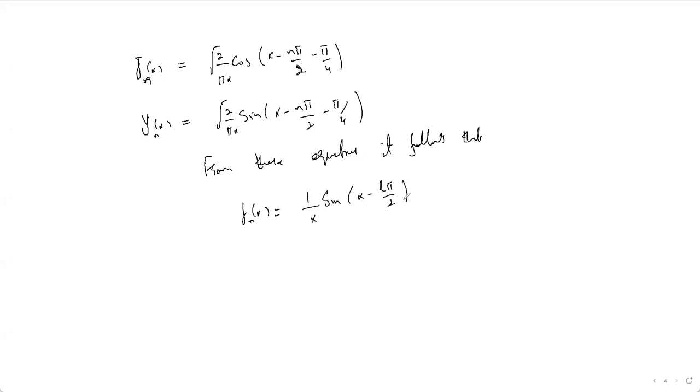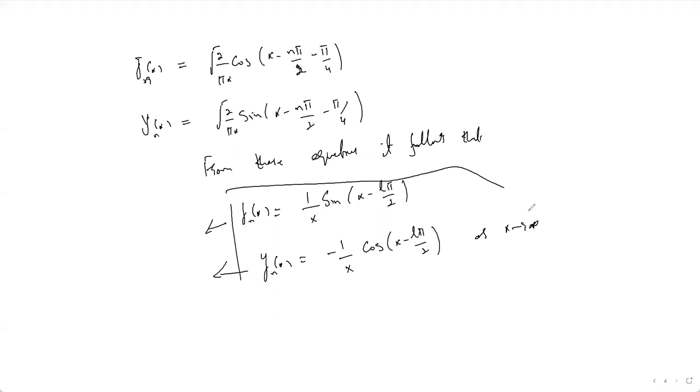So it will take different values of l, and this yn of x in a spherical Bessel function is always given by minus 1 by x cos of x minus l pi by 2. So as x tends to infinity, this yn of x will be infinite at x equal to 0, but this jn of x will be finite at x equal to 0 also. So this is what we call spherical Bessel functions.